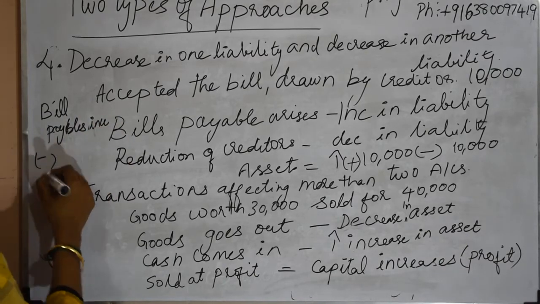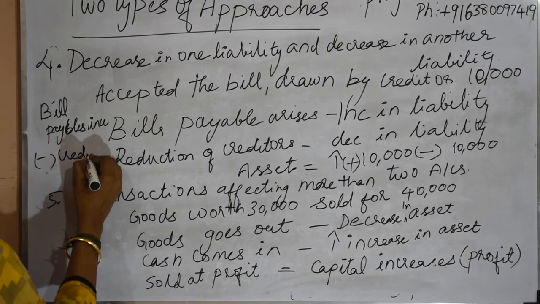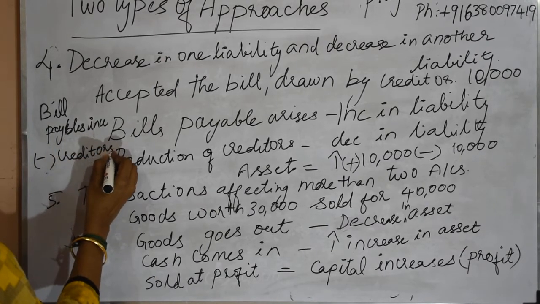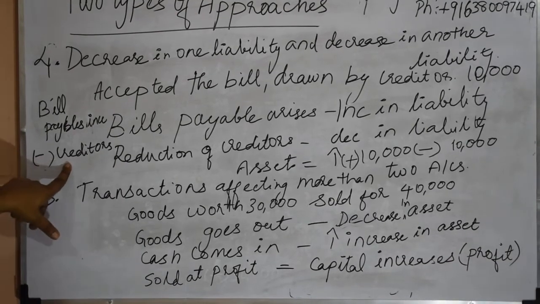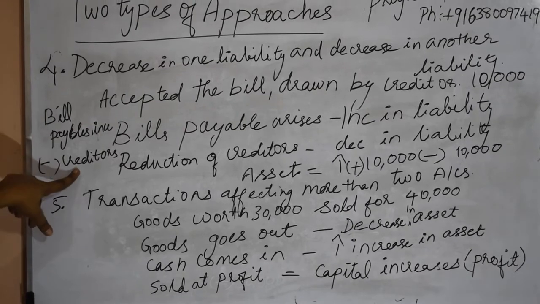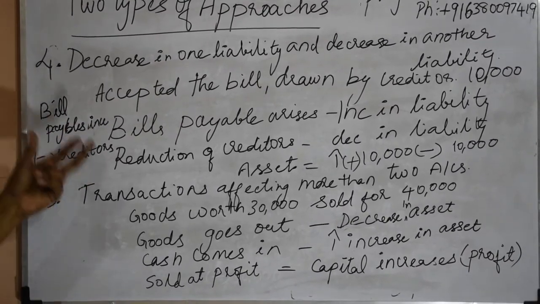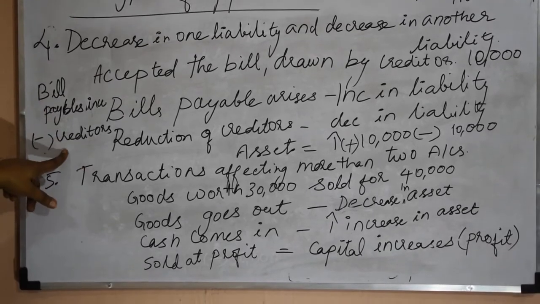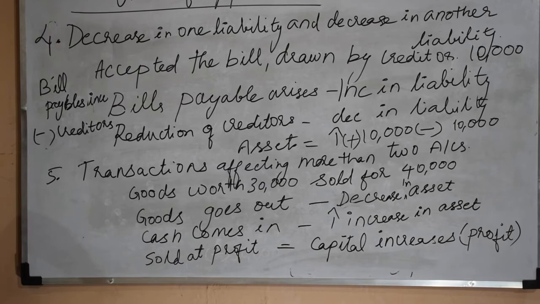and the creditors decrease. So we are accepting the bill for the amount which we have to pay to the creditors, so this bills payable will be increasing. When we are paying out the amount to him for the creditors, then this creditors amount will be reduced from what we have to pay.